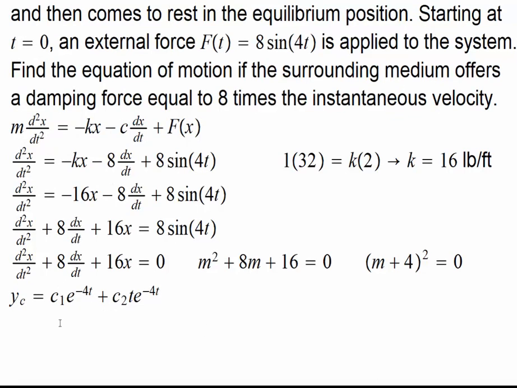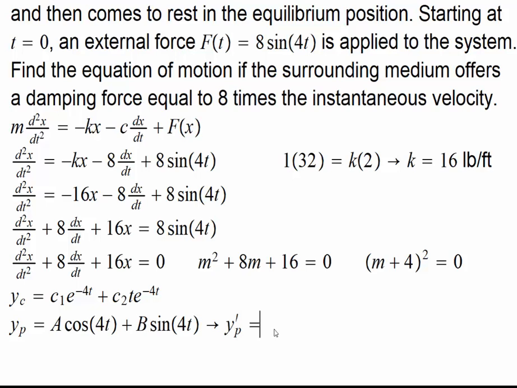Now to get the particular integral, notice that this suggests that our particular integral will be of the form a times cosine 4t, then plus b times sine 4t. We will just take the derivative and the second derivative and substitute that in the original differential equation.